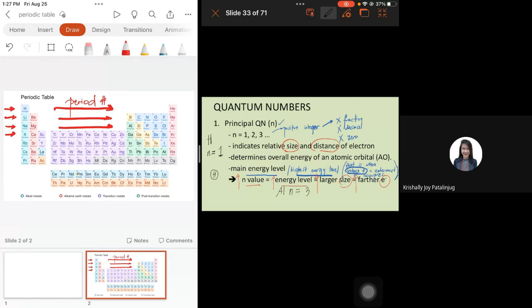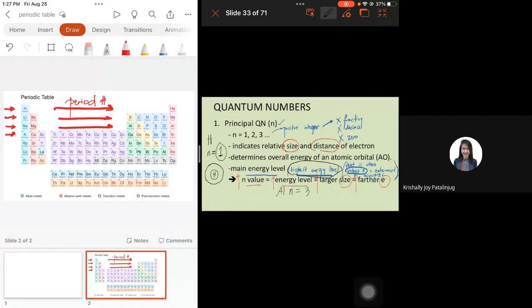And it has an n value of 1, meaning that's the energy level, the number of shells for that atom. So it only has one shell surrounding its nucleus, and that is where you can find the valence electron of hydrogen.